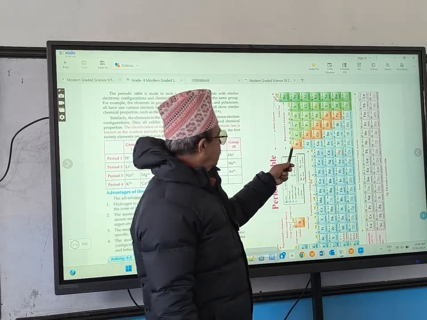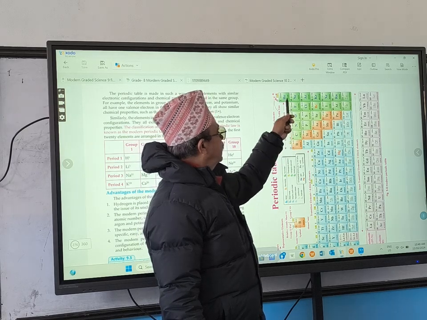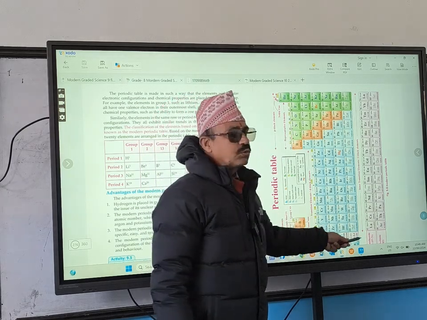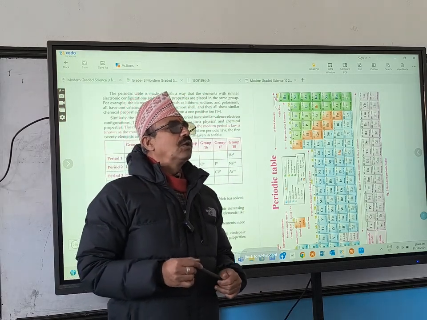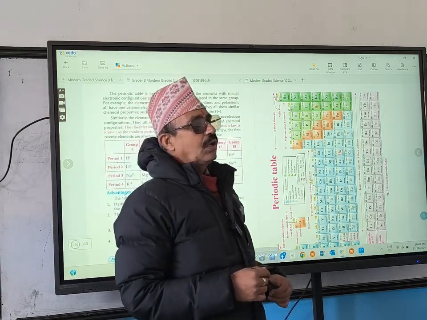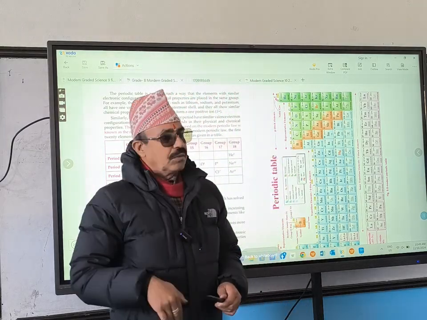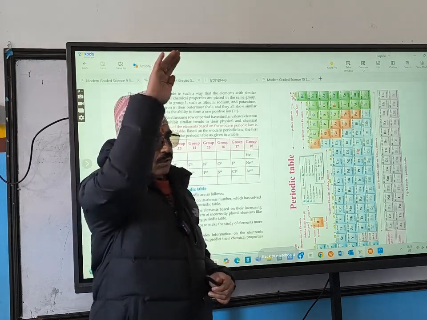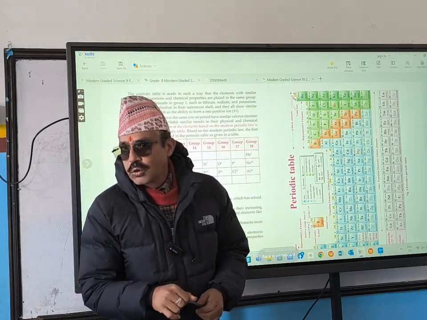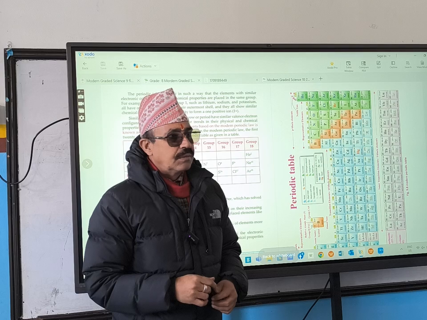Look at the book. Here is given 13, 14, 15, 16, 17, 18. Down 1, 2, 3, 4. Vertical is called group. Top to bottom, group. Left to right, period.